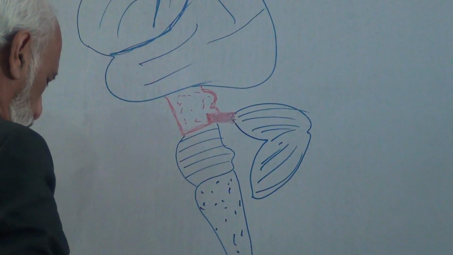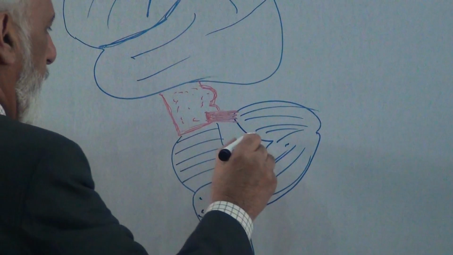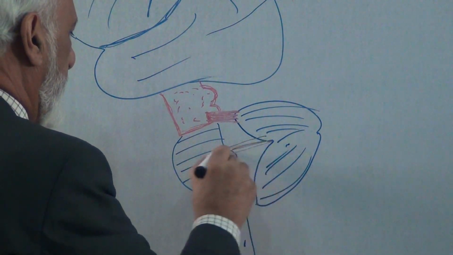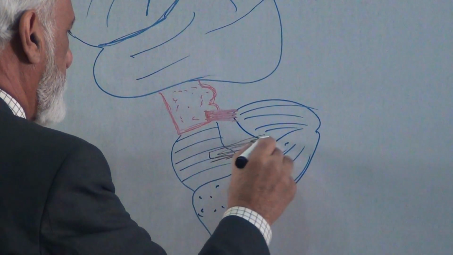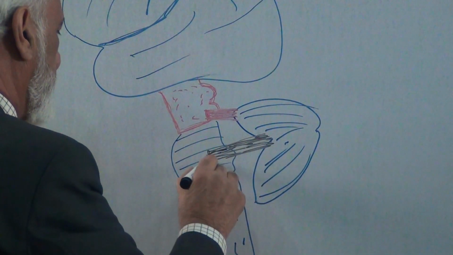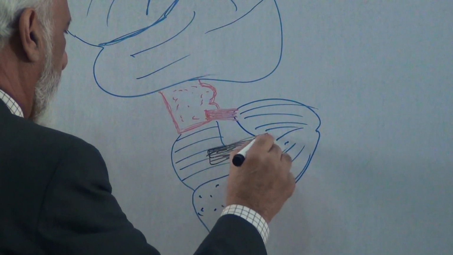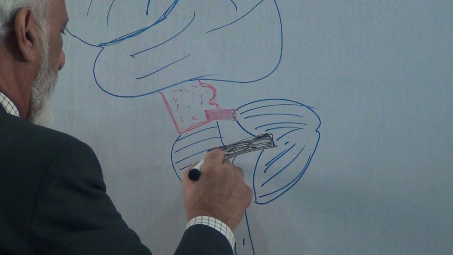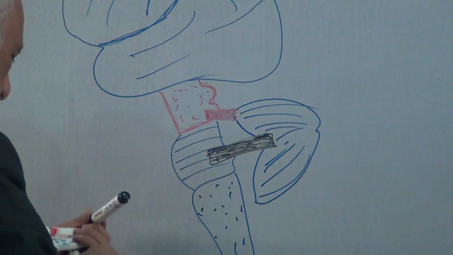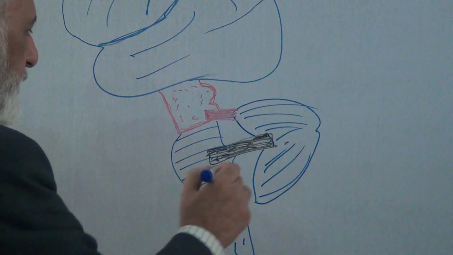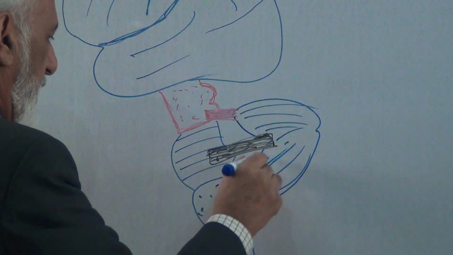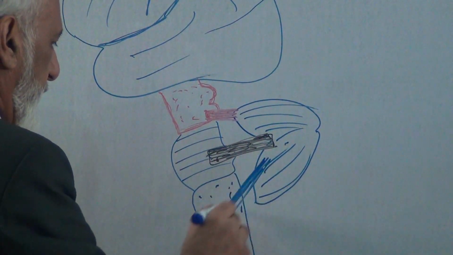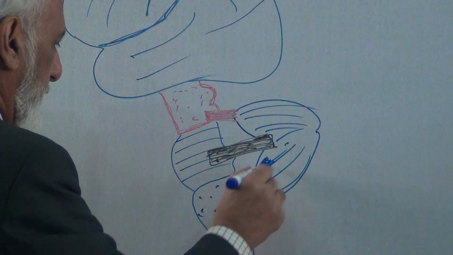Cerebellum is connected to the pons by a pair of middle cerebellar peduncle. And cerebellum is connected to the upper part of the medulla oblongata by inferior cerebellar peduncle.